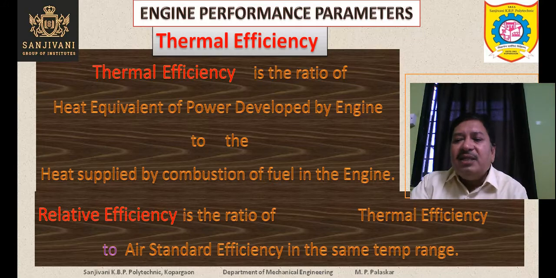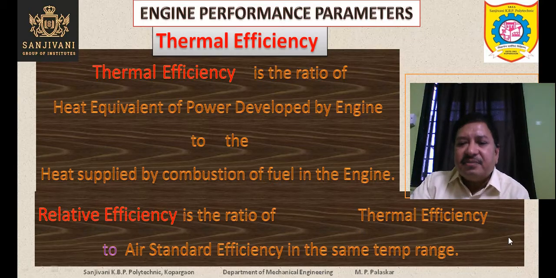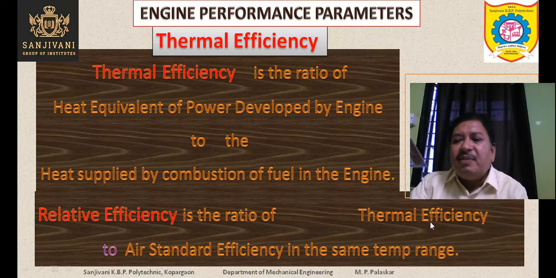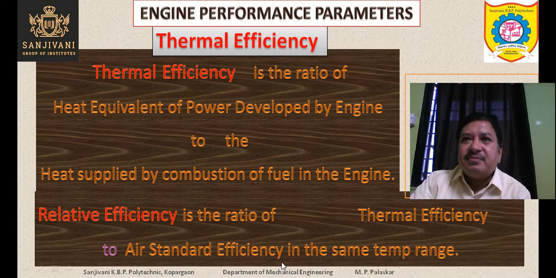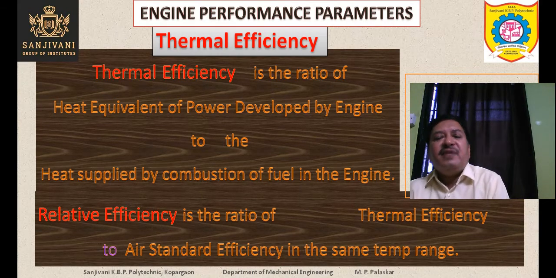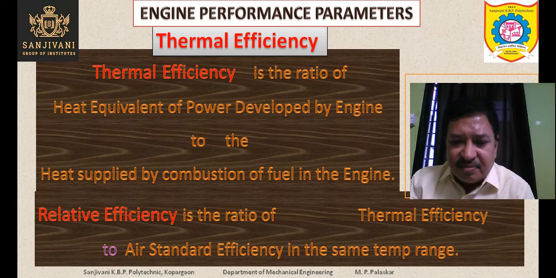So our engine is giving some thermal efficiency. Now this thermal efficiency is never 100%, but it is not even equal to the air standard efficiency. So the air standard efficiency is the standard maximum efficiency which can be obtained.